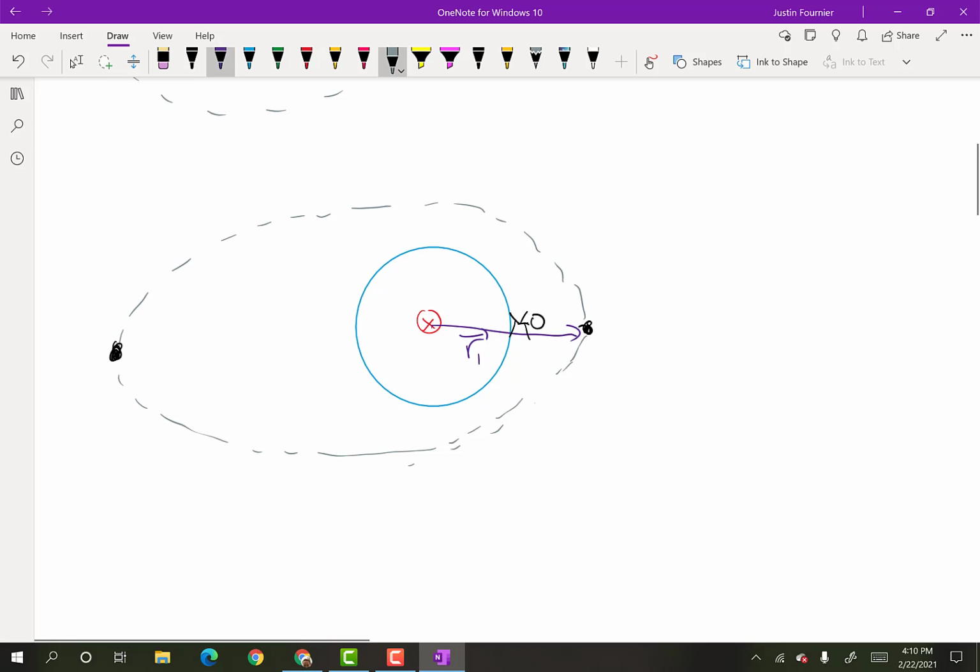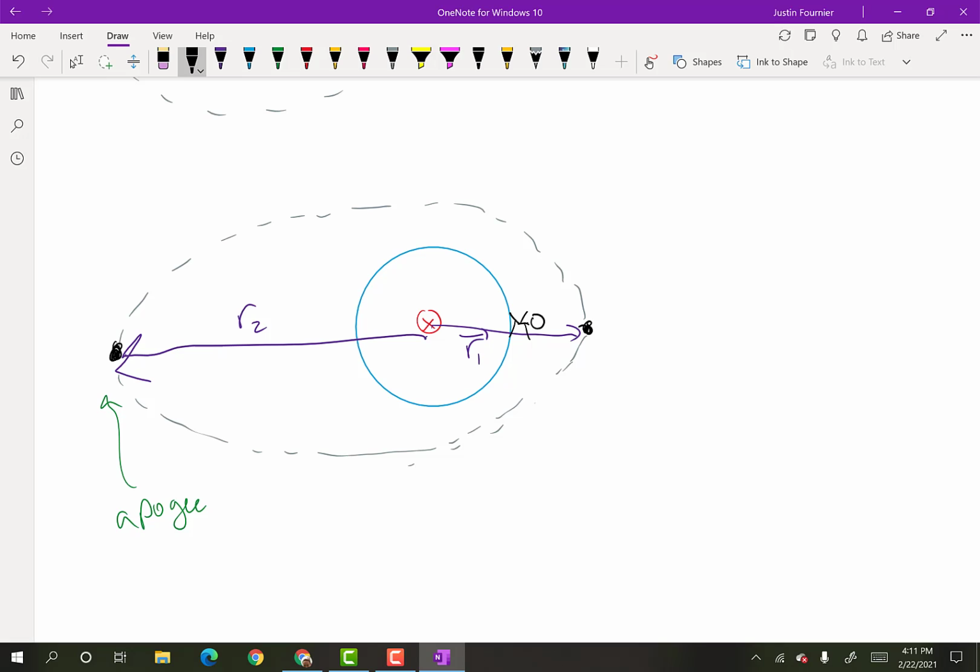This point we call the apogee, which you could Google, and I think that's how you spell it. I forget what the other one is called, maybe perigee. It really doesn't matter too much, because it's something you can look up. So this radius I'll call R2.